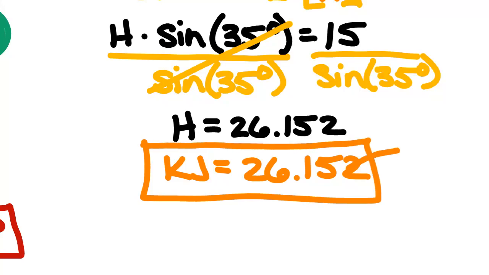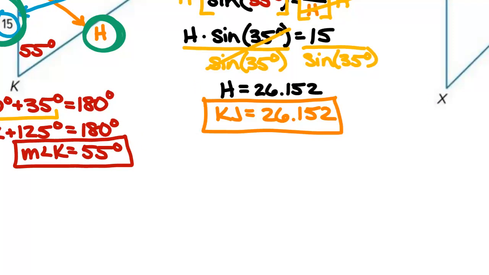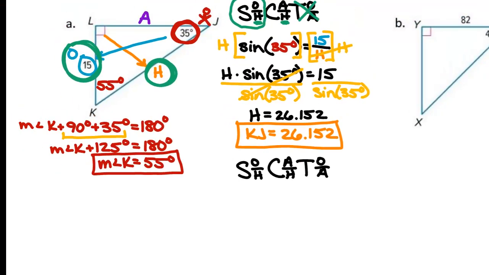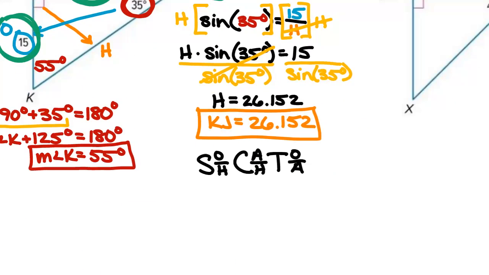We still need to find the adjacent side. So once again, SOHCAHTOA. I don't care about the hypotenuse anymore. Now I'm looking to find the adjacent side. I know the opposite and I want the adjacent.